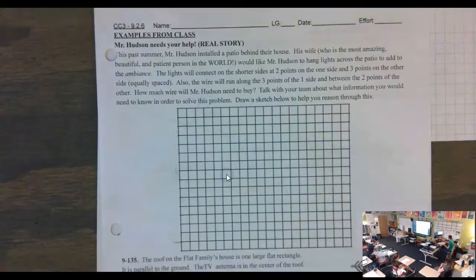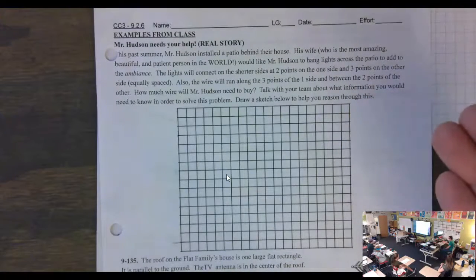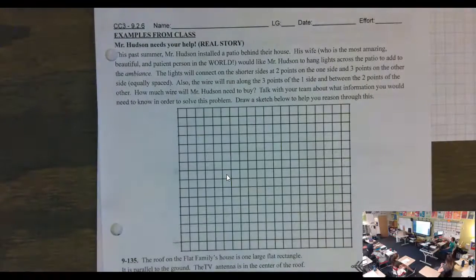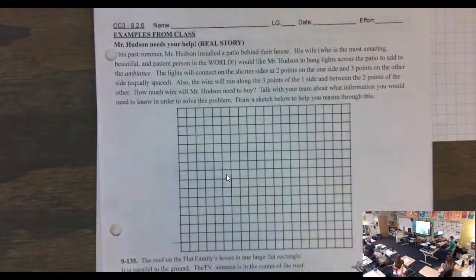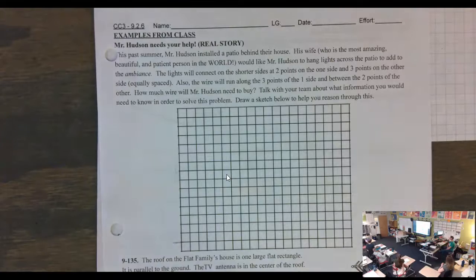And it's not just because 2 years ago I wasn't as good of a teacher as I am now, but I did this on purpose. We're missing something here. So chat with your team for a minute or two, probably 75 seconds. What else do you need before you'd be able to solve this problem? And then we're actually going to do this on graph paper. So you can draw whatever you want on here, but we're going to do it on graph paper.